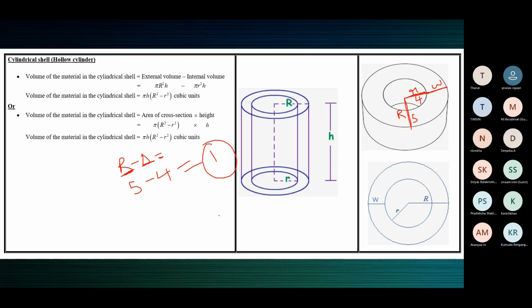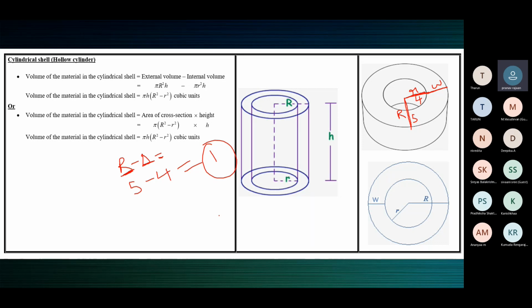The total area of the ring, ma'am, circular ring. No. Ma'am, the area of the ring, the bigger ring minus the smaller ring.